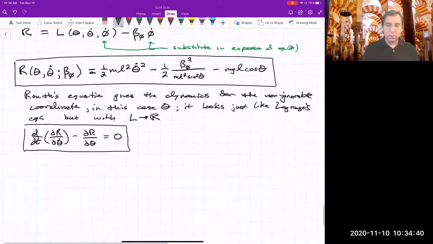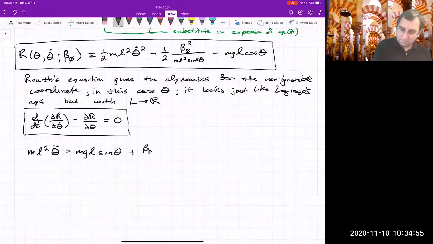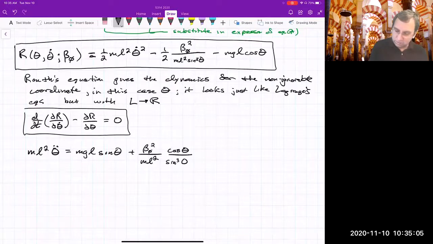If we were to work out what that is, it's ml squared theta double dot equals mgl sine theta plus some stuff cosine theta over sine cubed theta. Oh my goodness.